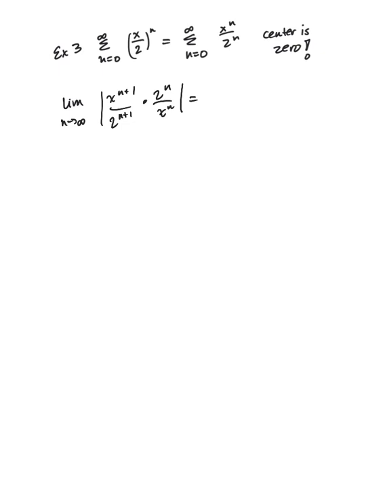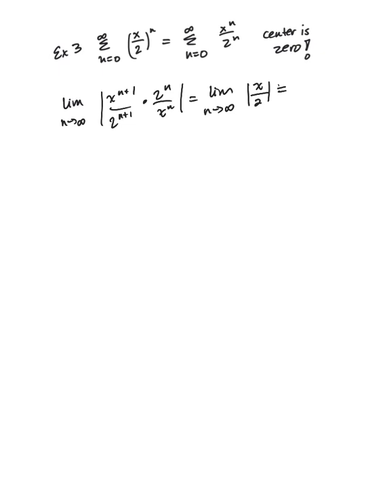You're going to end up bringing an x outside. So you have the limit as n goes to infinity. This is going to be just x, because the x to the n is going to cancel. And in the denominator, you're just going to end up with 2. So you could see that this limit has absolutely nothing to do with this x over 2, okay?